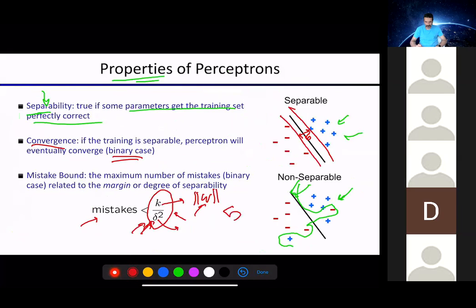So it was 5 divided by something that we don't know, which is basically the separation, the distance between these two hyperplanes. So we can calculate this upper bound on the number of mistakes. Does it make sense?